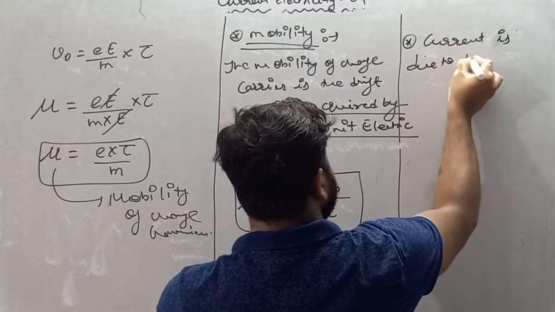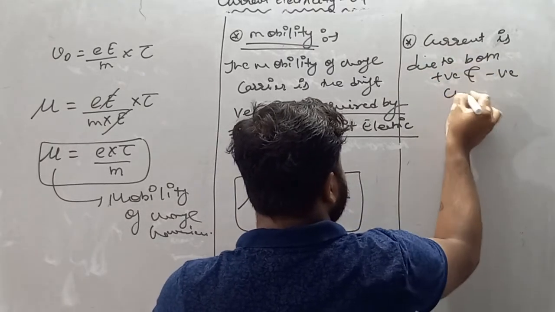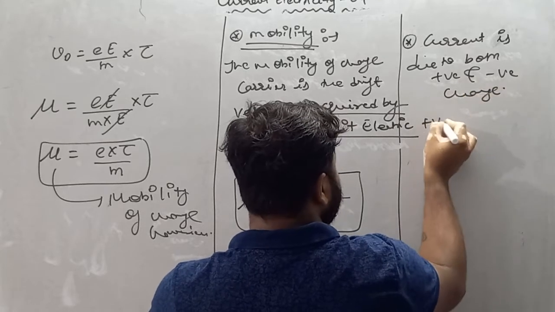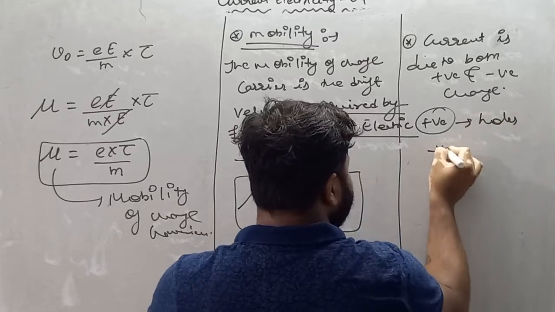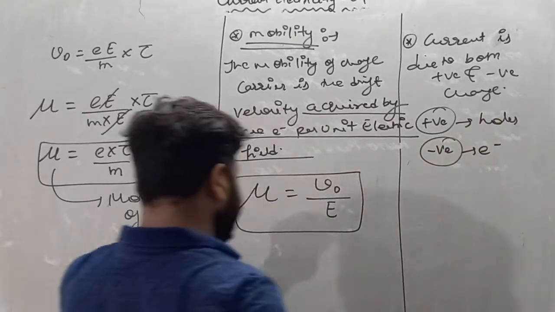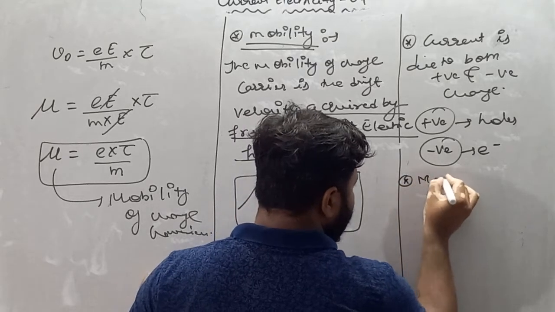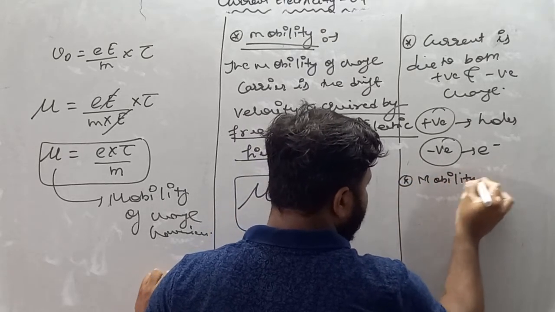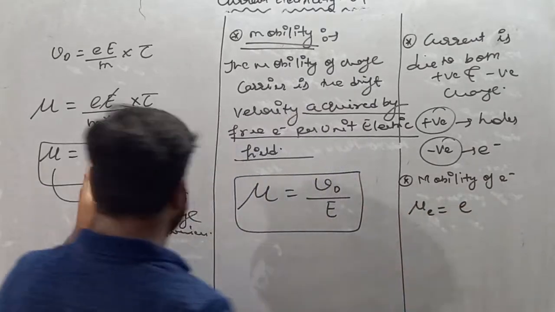Remember this thing, current is due to both positive and negative charge. Positive charge is considered to be holes and negative charge is considered to be electrons. So we'll say the mobility of an electron can be written with e, the basic charge.